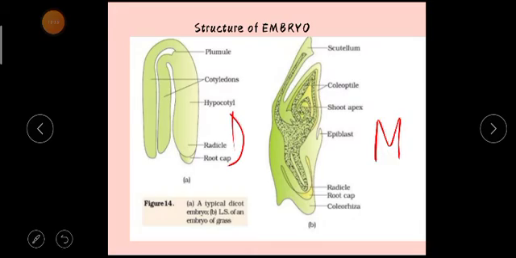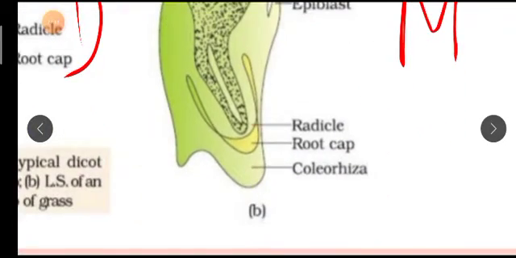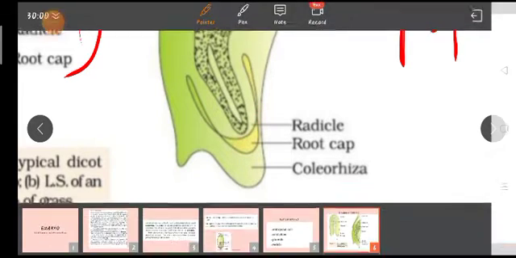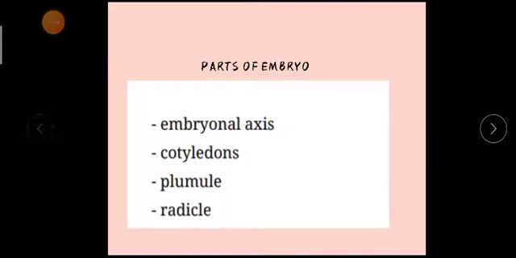In this diagram you can see which portion is called coleorhiza. This is a monocot embryo, radicle and root cap are held together in the coleorhiza. So the coleorhiza is an undifferentiated sheath which is going to hold together the radicle and root cap.